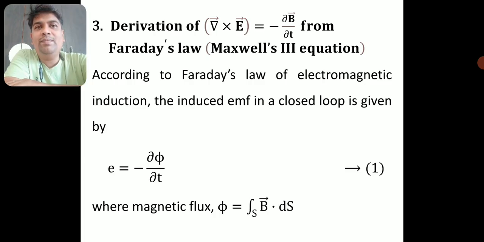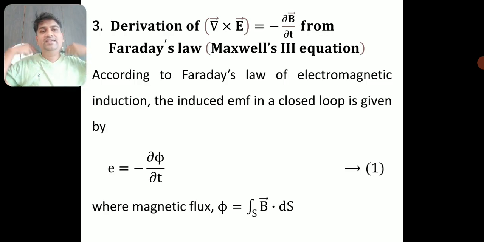Induced EMF opposes the change in the magnetic flux, which is the real cause for the induced EMF. Right. So I can write an equation according to Faraday's law: E is equal to minus d phi by dt, or dou phi by dou t. This is equation 1. I have written it according to Faraday's law of electromagnetic induction.